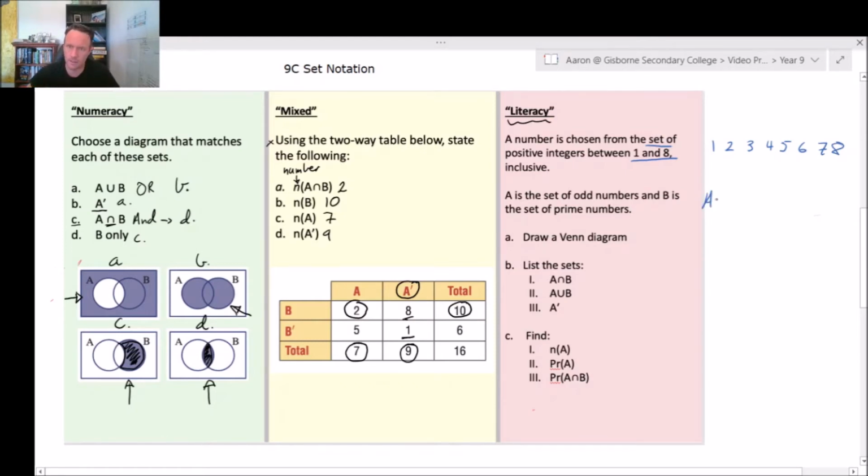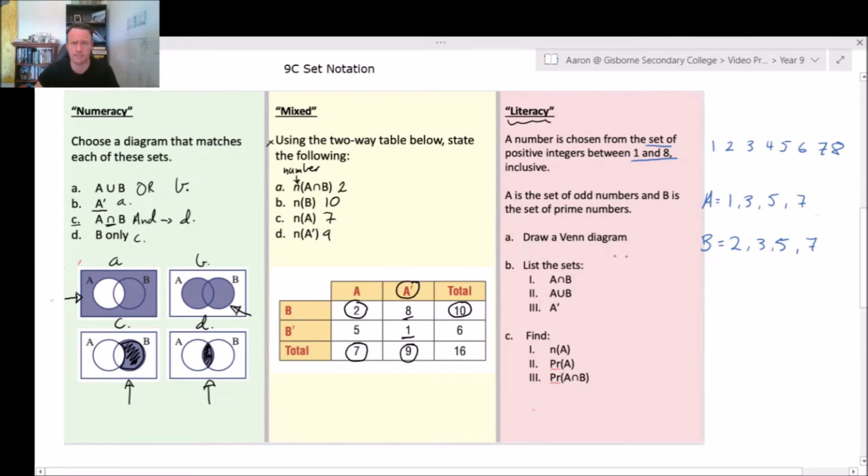So A is the odd numbers: 1, 3, 5, and 7. B is a set of prime numbers, those numbers that can only be divided by 1 and itself, and they are 2, 3, 5, and 7. 2 is our only even prime number because it can only be divided by 1 and itself.